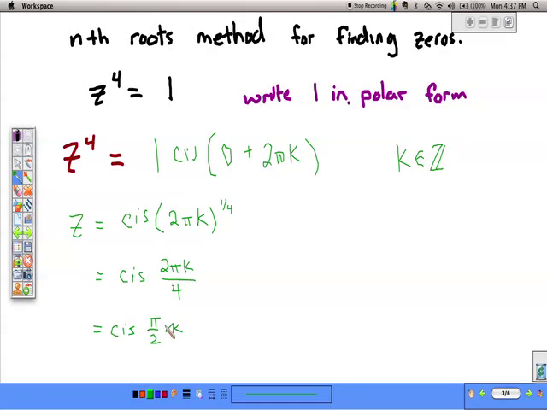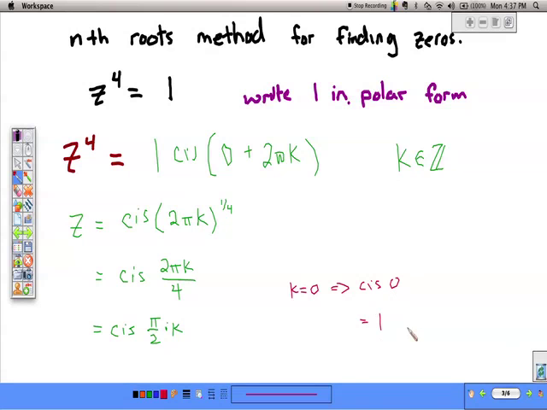Now I'm going to look at what happens for different multiples of pi over 2. For k equals 0, we're looking at CIS of 0, which is equal to 1.